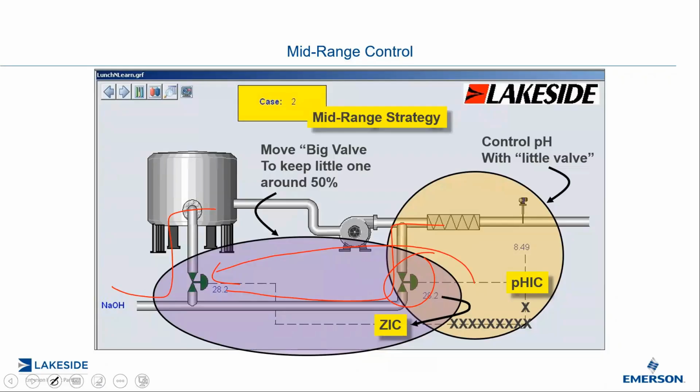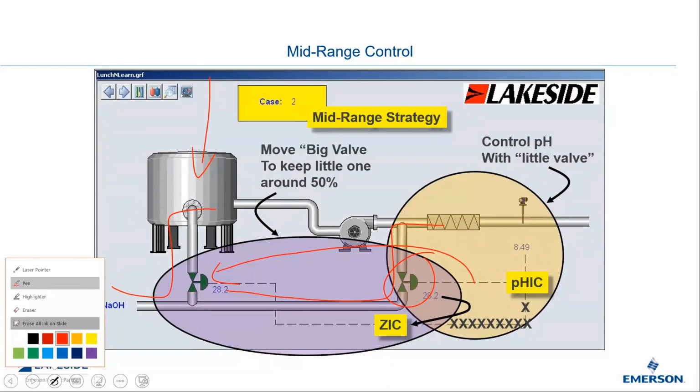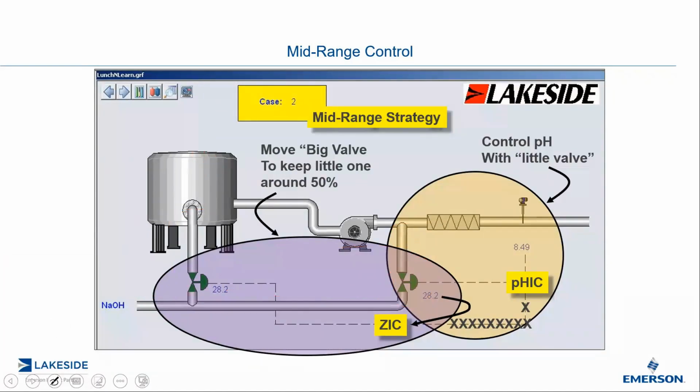The reason why I like to control using the little valve is that I get less time delay and a faster responding process because I don't incorporate any of the mixing dynamics within the tank itself. But I guess the answer is yes, you could do that, probably from a failure point of view.